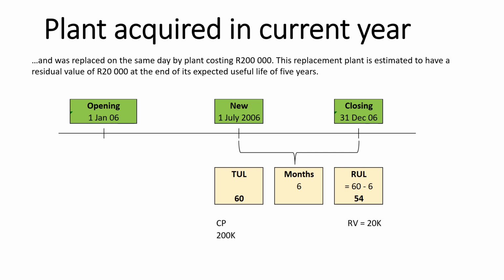This replacement plant is estimated to have a residual value of 20,000 rands at the end of its expected useful life of 5 years. So here again, you plot that it's new plant on 1 July 06, it will have a total useful life of 60 months. Thereafter, by the time you reach the end of the year, it will have a remaining useful life of 54 months.